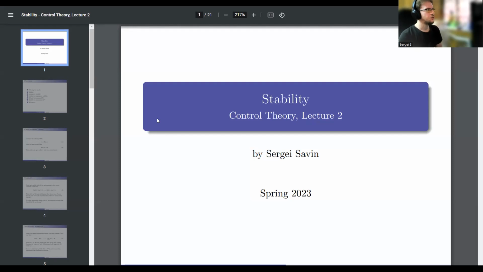Today we're going to go to the second topic in our course. Last time, we more or less introduced the idea of a state space, which was a way to describe linear differential equations, something that you already have seen before.